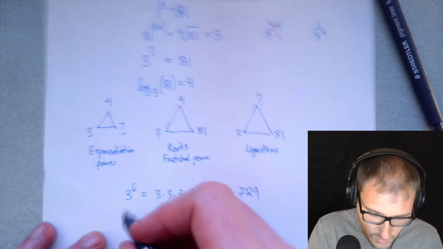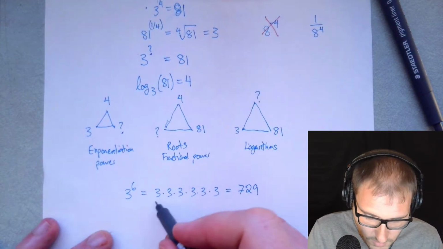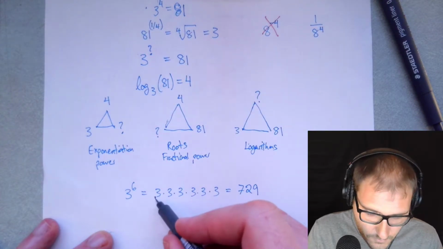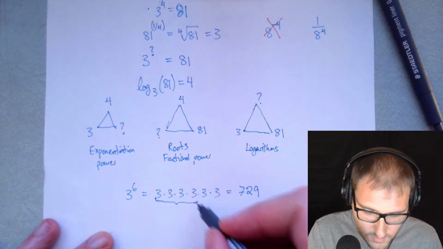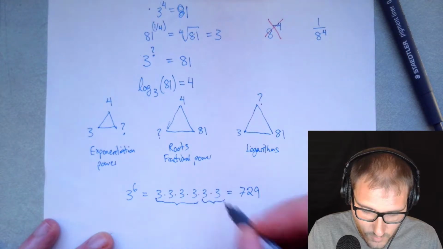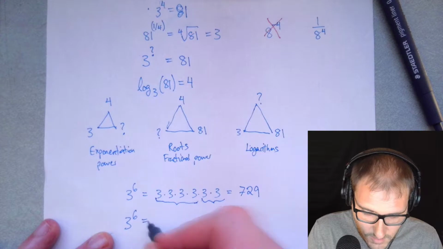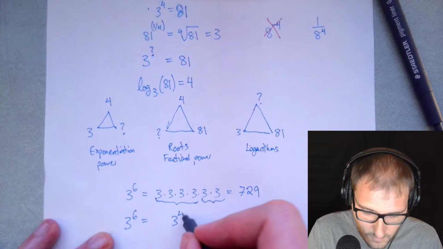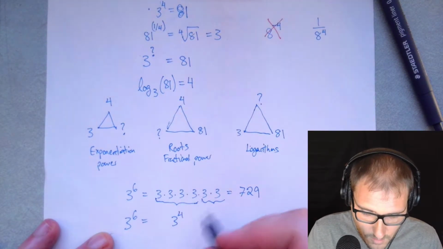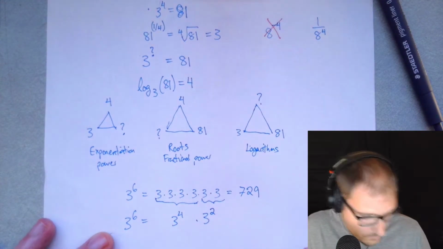I'm going to do something else and say, let's just for fun group this group of 3's together and this group of 3's together. So you could write that 3 to the 6 is equal to 3 to the 4, there's 4 of them there, times 3 to the second power, 3 squared.